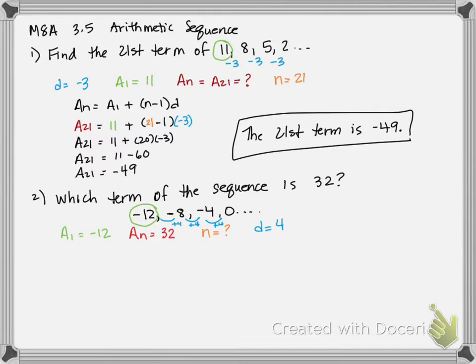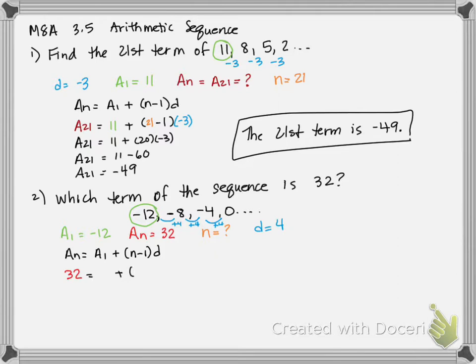Okay, so let's go ahead and get into my formula. A sub n equals A sub 1 plus the quantity n minus 1 times D. And then I just start substituting in what I have. So we have 32 equals, then I'm going to get all my constant things in there.